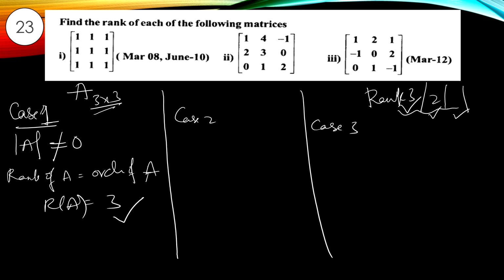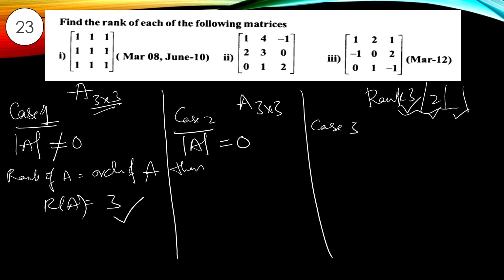Okay, so case 2 is, again find the determinant of the matrix A, and for a 3 by 3 matrix, if the determinant of A is not equal to 0, then we can say the order is 3. But in case the determinant of A is equal to 0, then go with the 2 by 2 matrices.